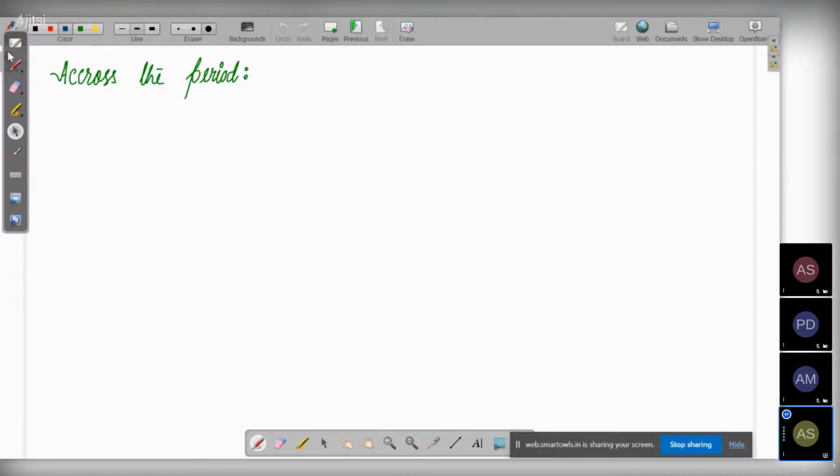So, across the period, what will happen? Atomic size will decrease. Across the period, we see that atomic size will basically decrease and not increase. Why is it so? Let's see.